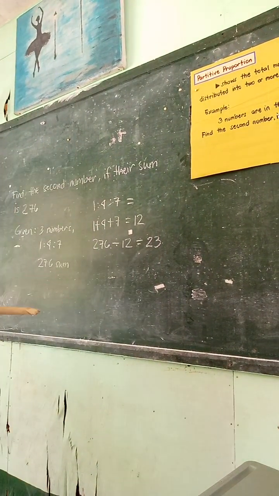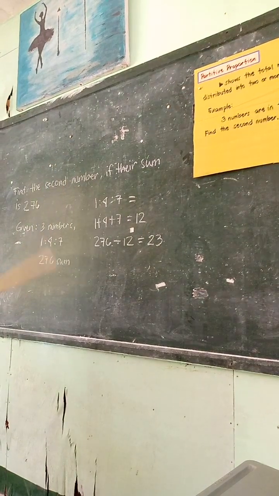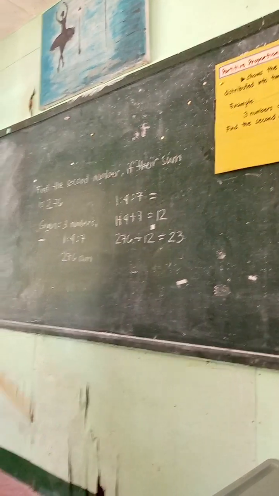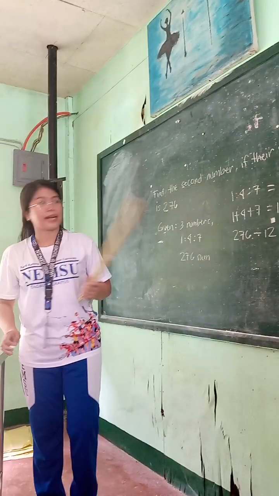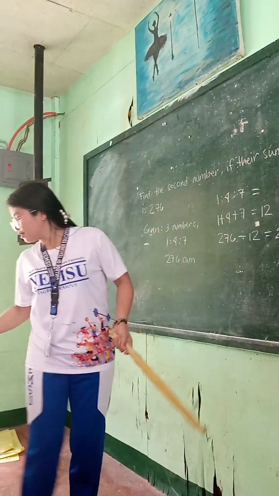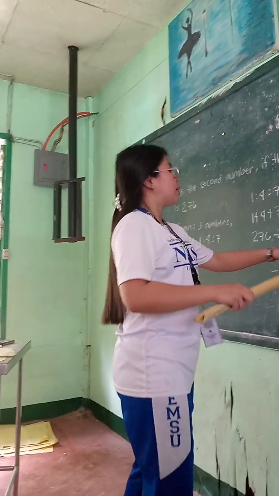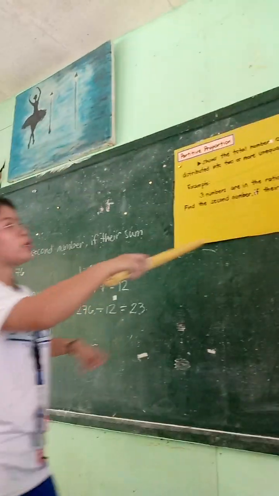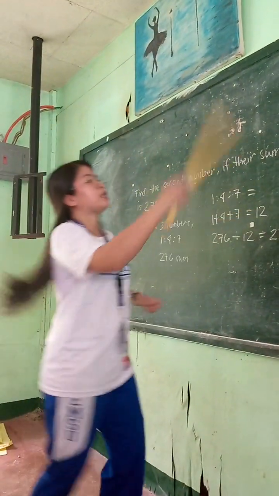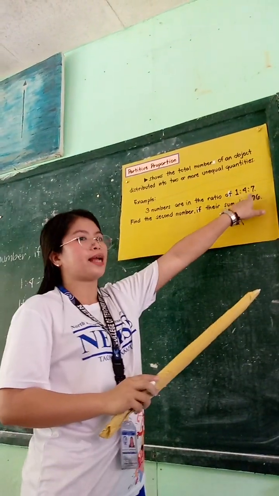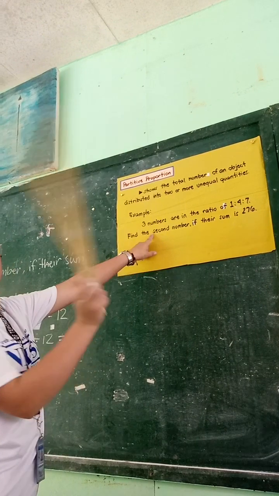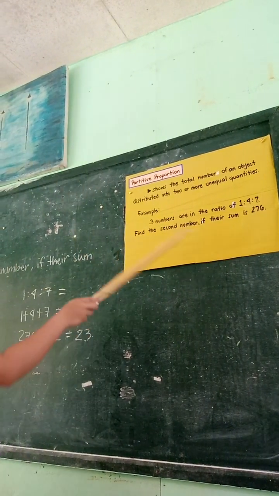Now, the third step is to multiply the quotient by the second number in the ratio. So 23, we're going to multiply it by the second term of the ratio, because ito yung hinahanap natin. What is asked is the second number.